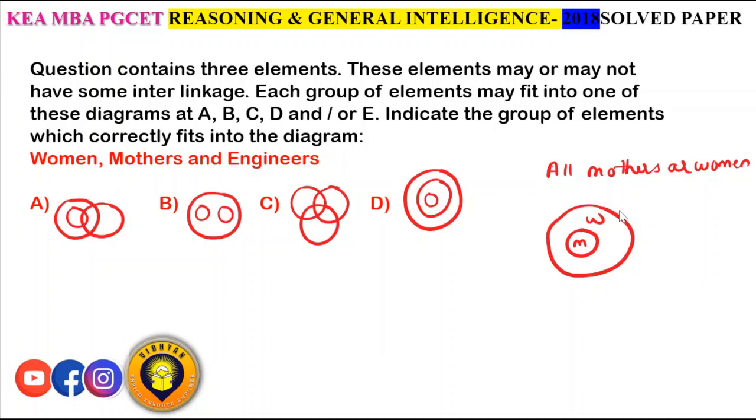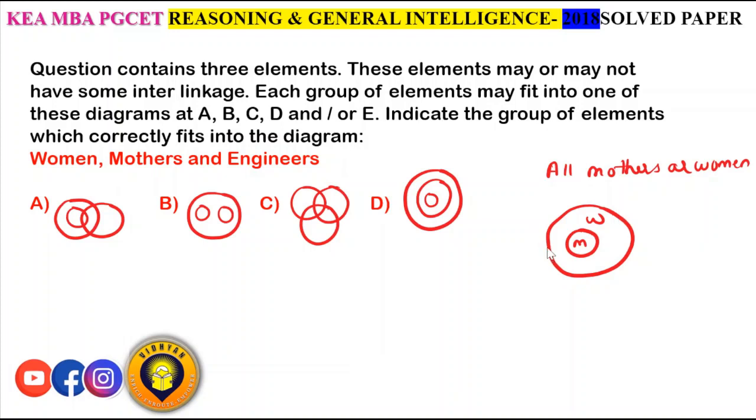Then what is the relation between engineers, women and mothers? Some women can be engineers, right? It is not true that all engineers are women or all women are engineers. Some women can be engineers. Similarly, some women can be mothers. Some women can be engineers, some mothers can be engineers, correct?